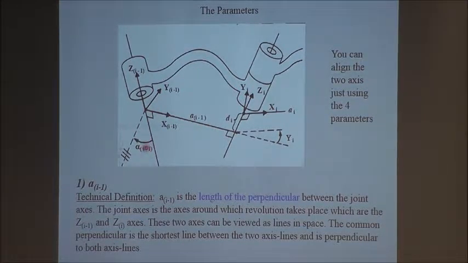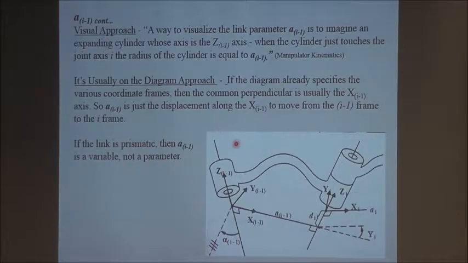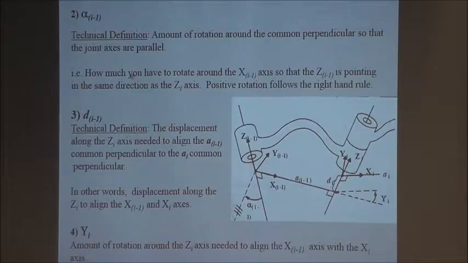Alpha_i is the angle that you need to rotate around the x-axis in such a way that Z_{i-1} and Z_i coincide with each other. So alpha_i is the amount of rotation around the common perpendicular, which is the x-axis, so that the joint axes are parallel.